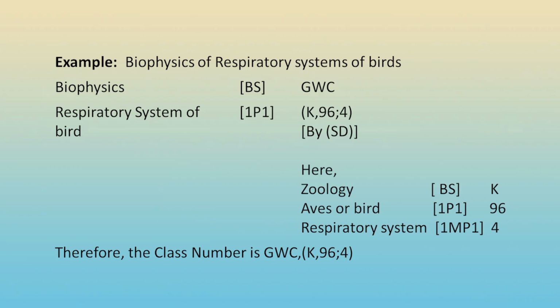So, the zoology, then aves or bird from 1P1 of zoology basic subject, and respiratory system thereof of bird for 1MP1 4, and the respiratory system of bird, the notation will be capital K, 96, semicolon 4.